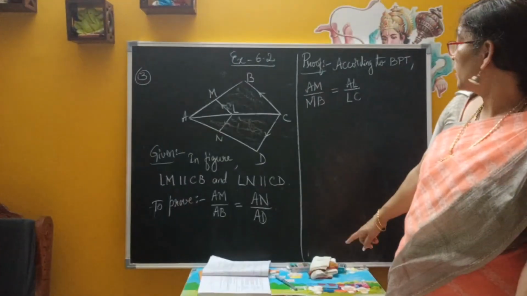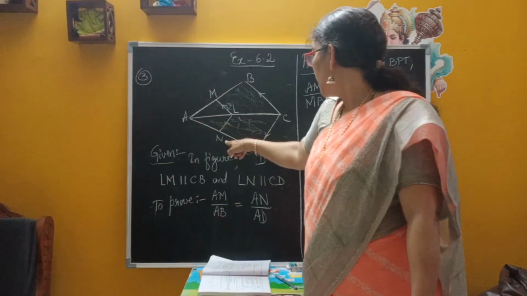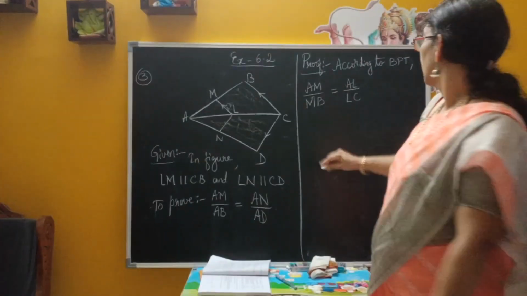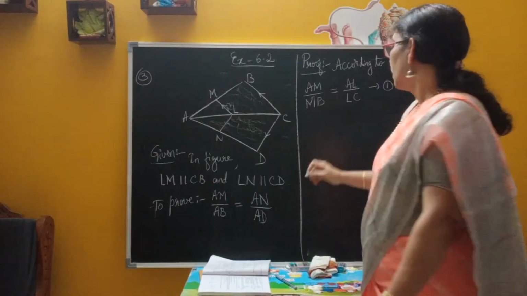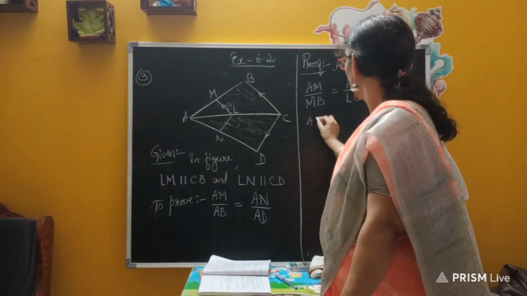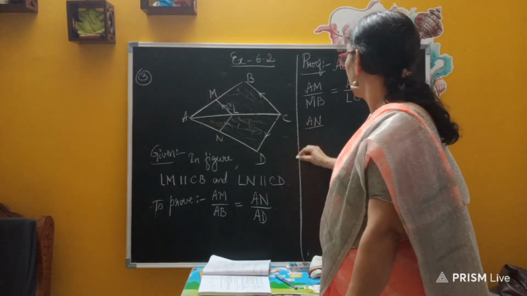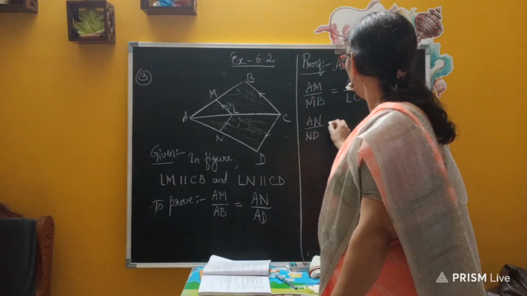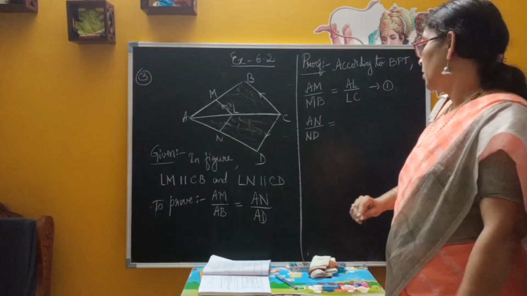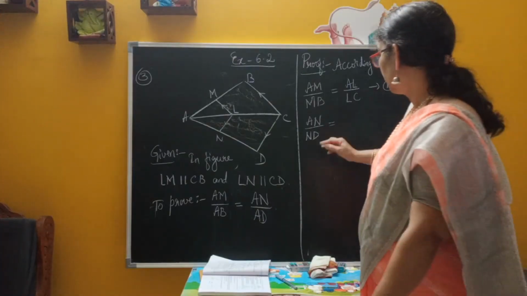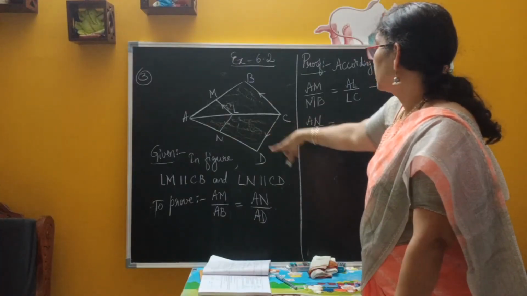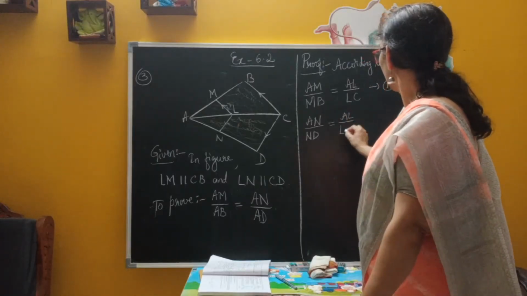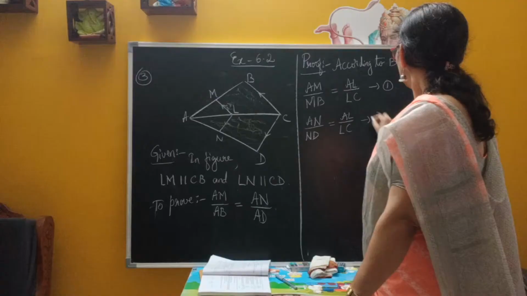So what do you say about the sides? AN by ND is equal to AL by LC. This is equation 1, and this is equation 2: AN by ND is equal to AL by LC.